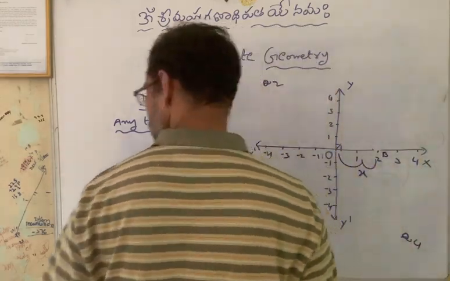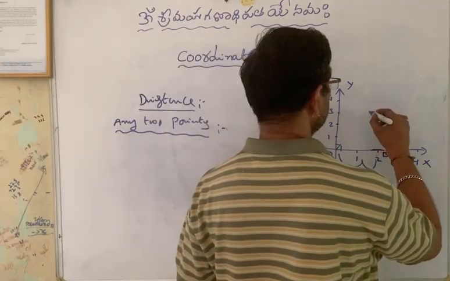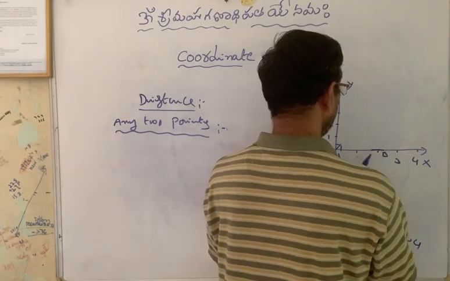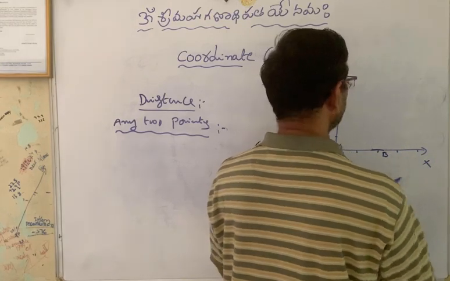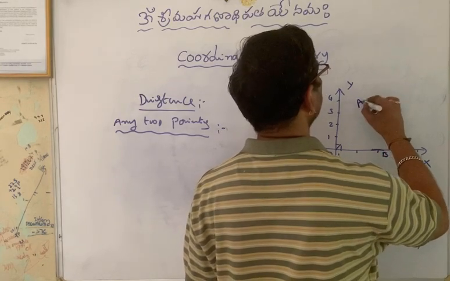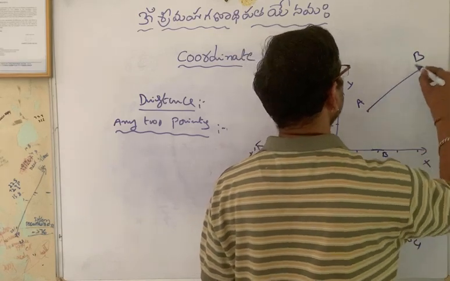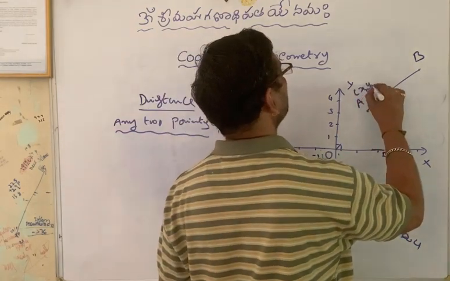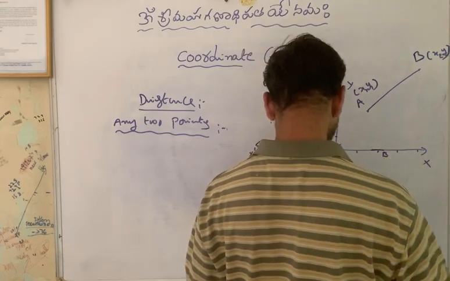For our convenience, let us take those two points in quadrant 1 only, and I am not taking specific values because I am taking two points in general. This is point A and this is point B, and I want to find out the distance between those two points. The position of A is x1 comma y1 and the position of B is x2 comma y2.